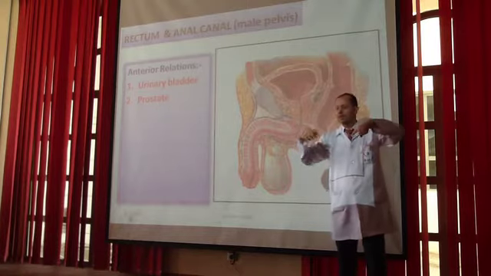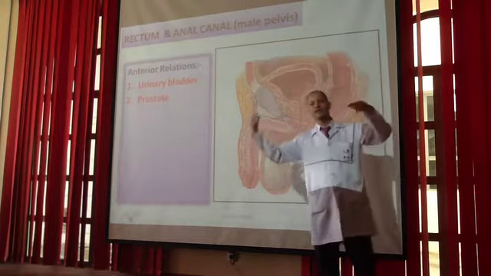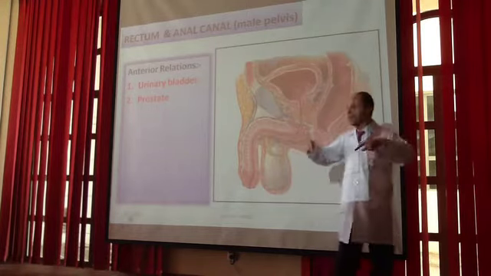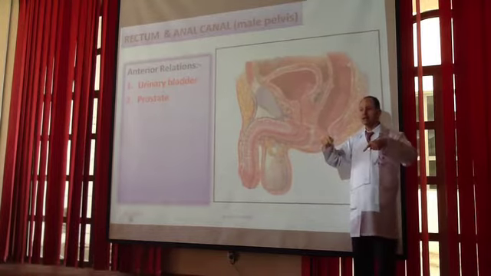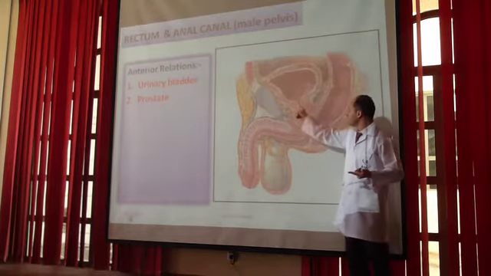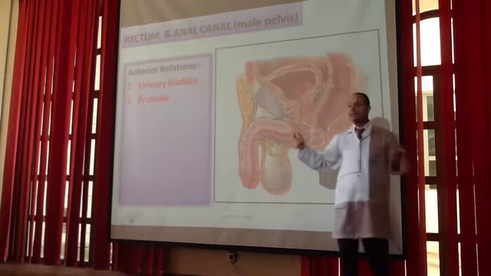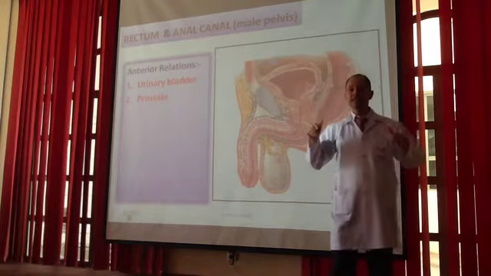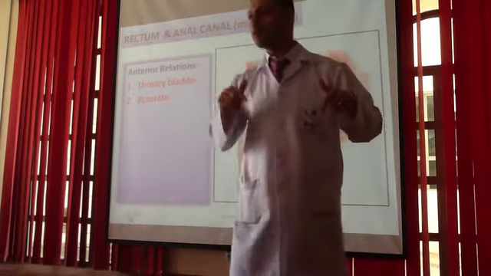That's right. Because there is a testis on each side, so there is a seminal vesicle on each side, here and here. So we have two ejaculatory ducts, one right and one left, and the main duct which is prostatic urethra. That's why the inside of the prostatic gland is not a single lobe, it is multiple lobes.